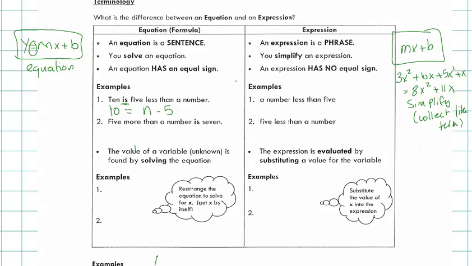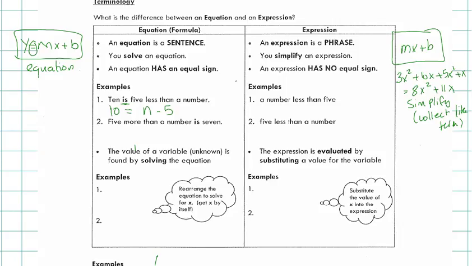Now, how would that be written? A number less than 5. A number less than 5. Would it be n equals like another letter minus 5?